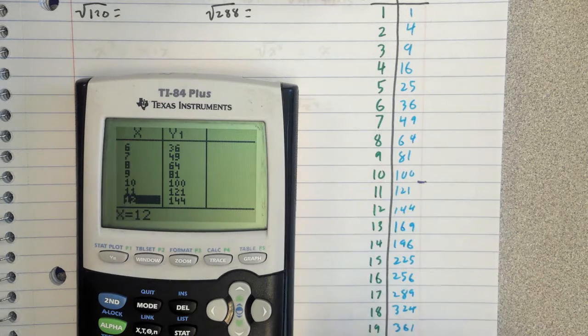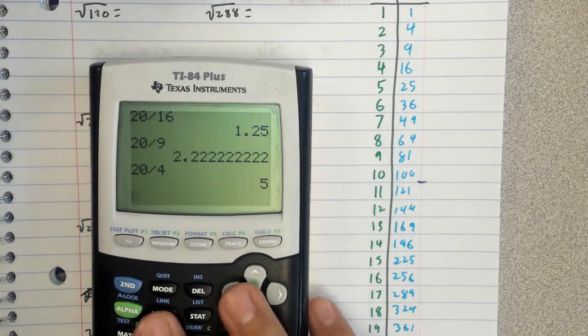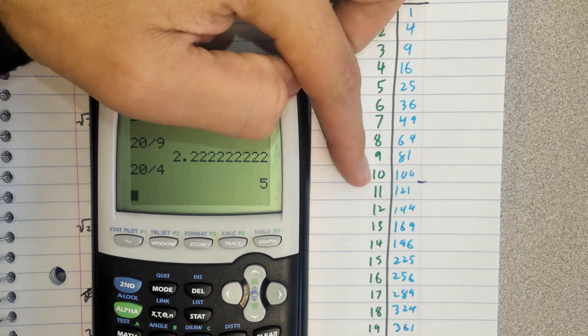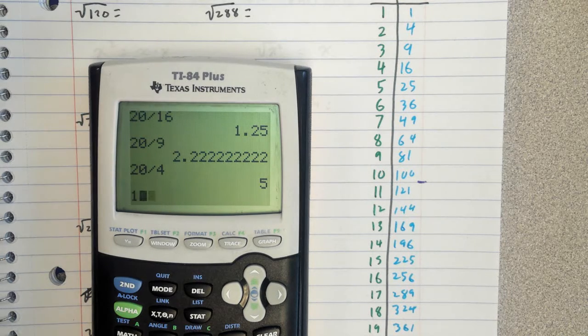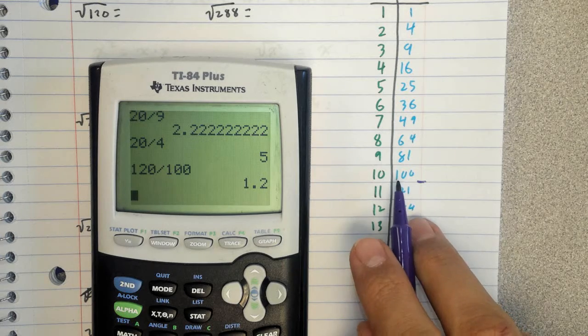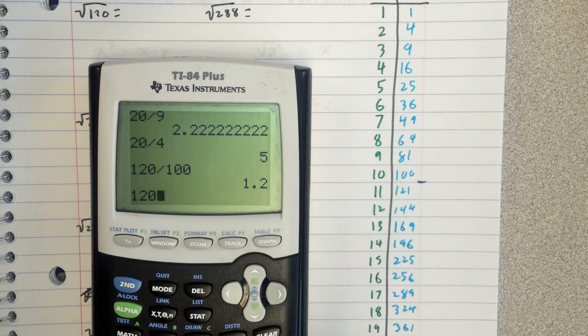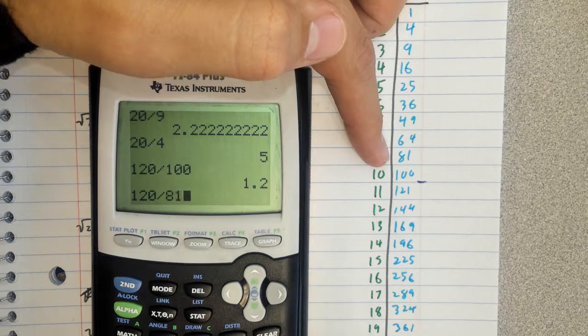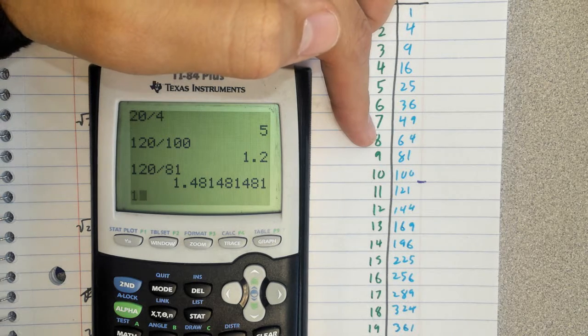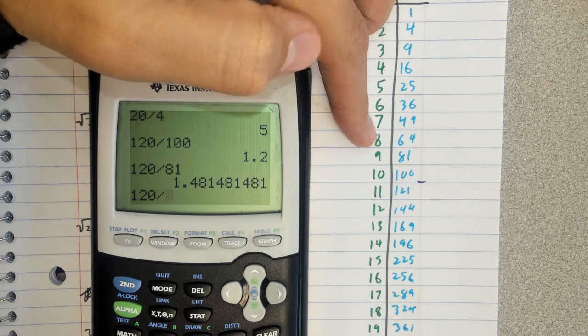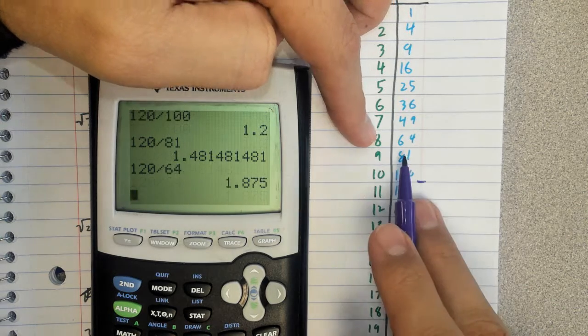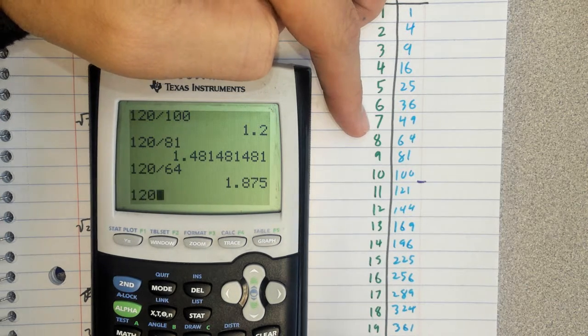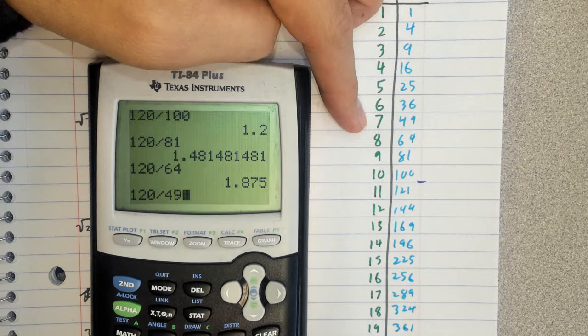So I'm going to start 11. Grab the calculator. We have 120 divided by 100. That doesn't work. Then we have 120 divided by 81. That doesn't work, of course. 120 divided by 64. That doesn't work. Then we have 120 divided by 49.